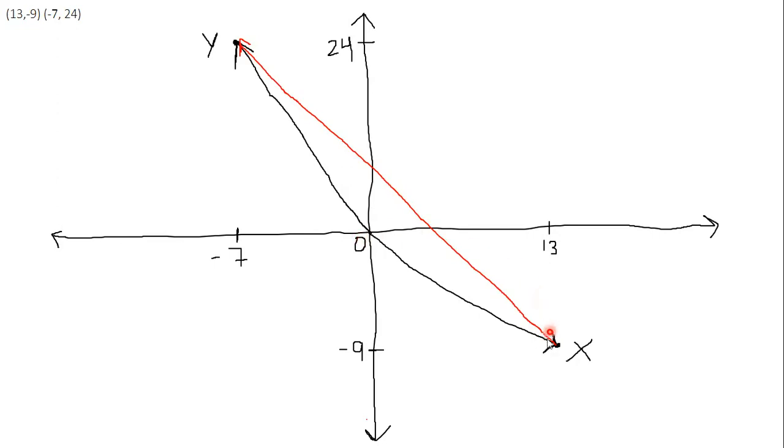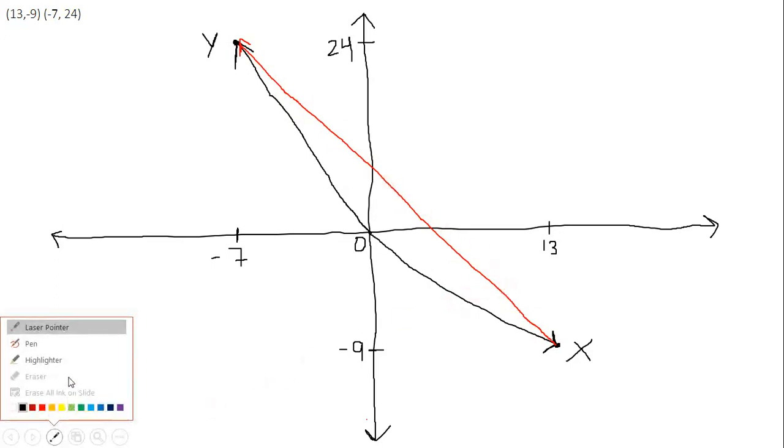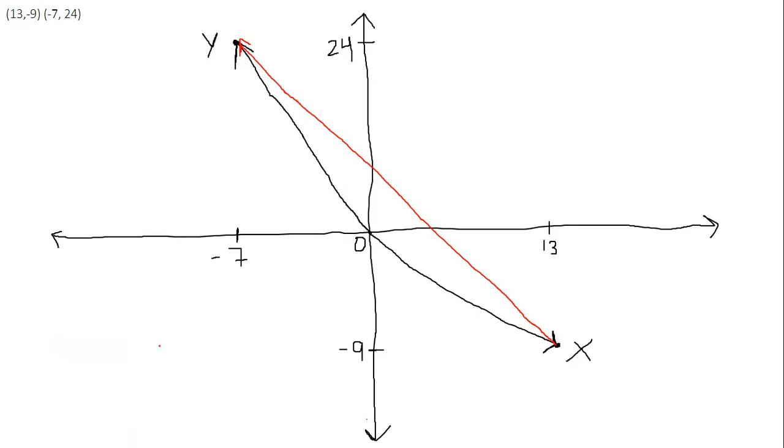Well, the vector XY would start at X and end at Y. So this red line with the arrow is the vector XY. Let's label this. That's the vector XY right there.